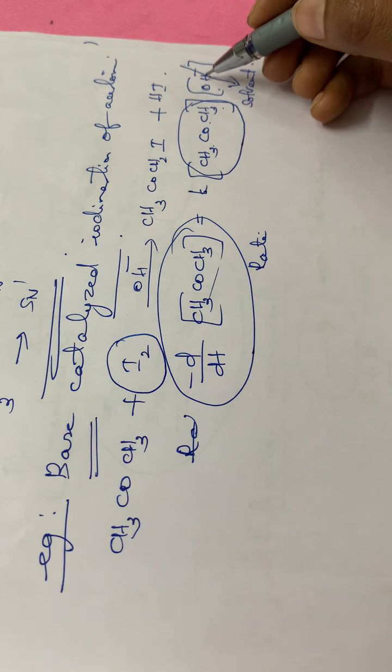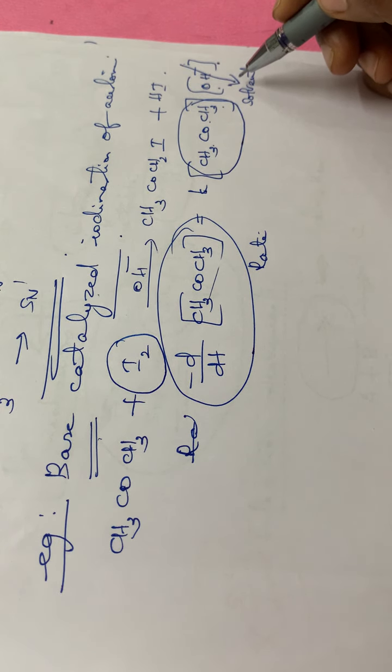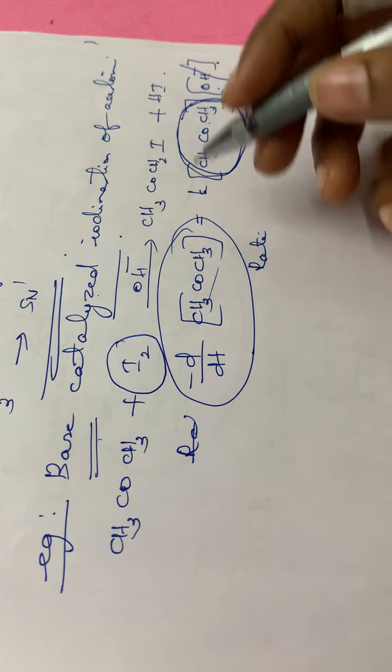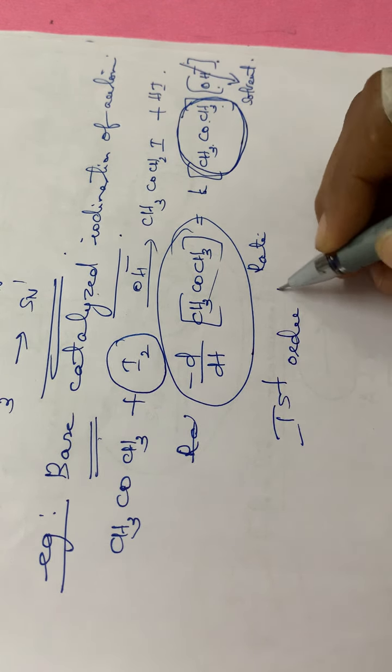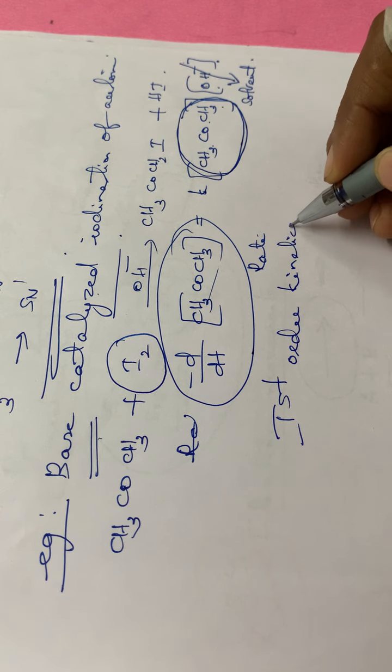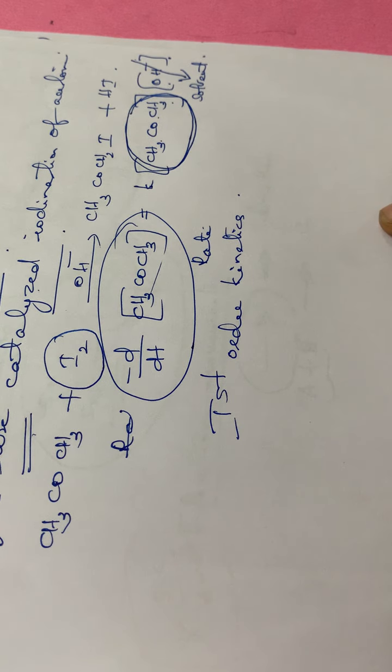OH minus is a solvent since it is a base catalyzed reaction, so it is not needed to consider this OH minus. Therefore the rate depends only on the concentration of the substrate, and this particular reaction follows first order kinetics.